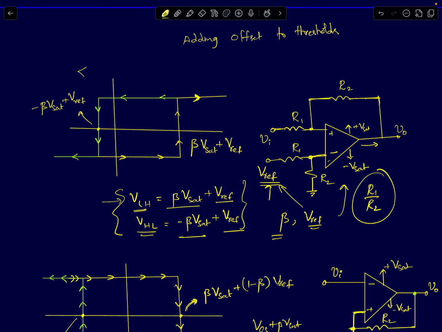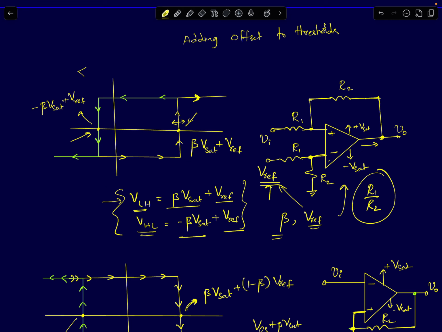Here we are not taking the noise into consideration, because when you take noise into consideration, noise will also impact the threshold voltages. You will have some additional noise here that will determine the threshold voltage value. That will usually result in some kind of jitter at the output of the Schmitt trigger.